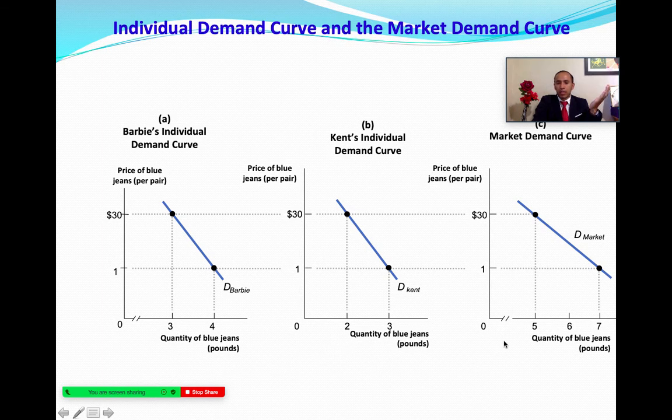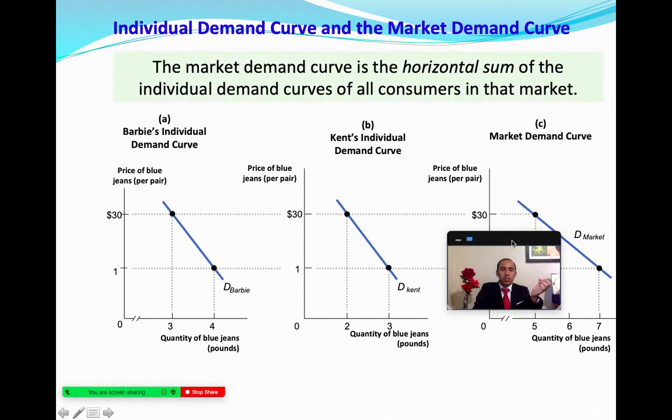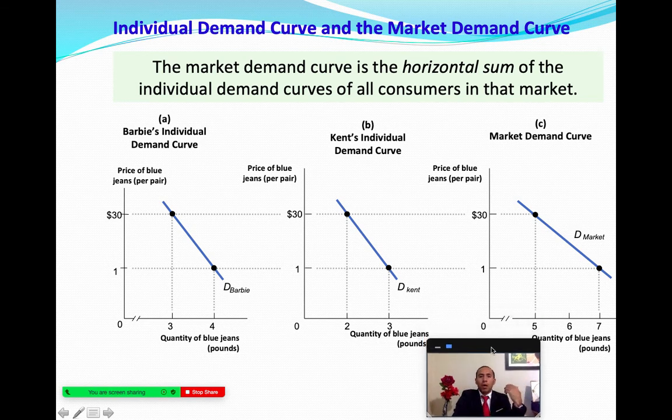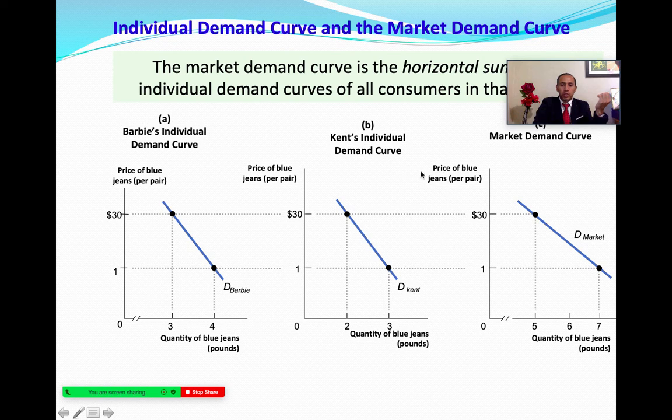At $1, we get 4 units plus 3 units, and that gives us 7 units at $1 for the market. So we're doing the horizontal summation for all of the consumers in the market, which in this case are only 2. The demand in the market is the horizontal sum of all of the individual consumers in that market, which are 2 consumers here.